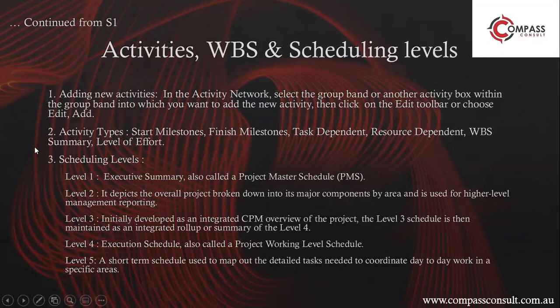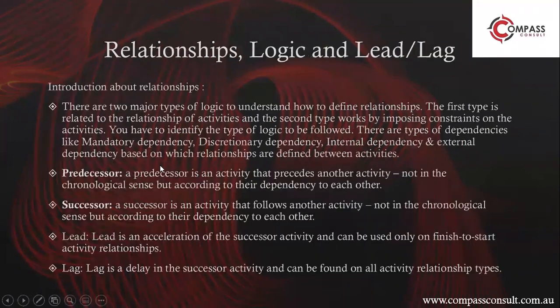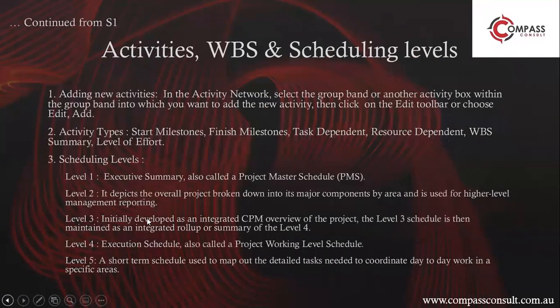Let's do something about the 3 scheduling levels. So basically, what do you mean by scheduling levels? These are basically levels of a plan, of a schedule, which you need to make for a certain group of people. If you're making it for the XCOM, that's the executive committee, you'll be preparing level 1. That's your executive summary, which is also called project master schedule.